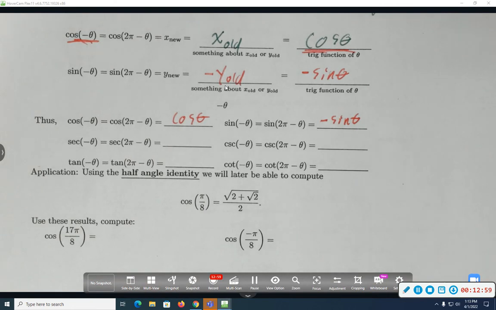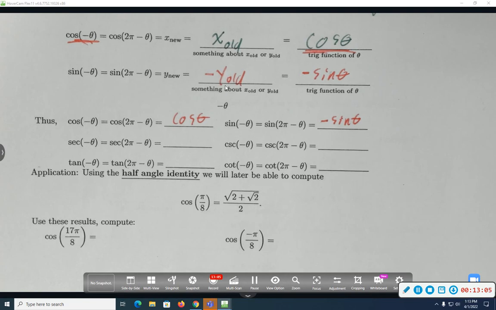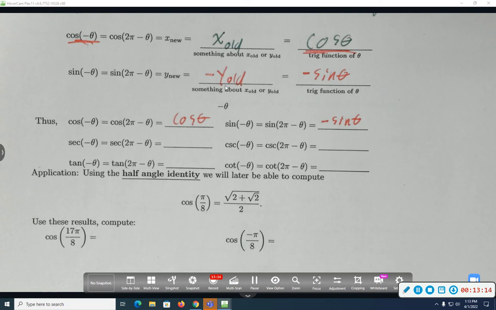But let's use this first to get some unit circle information. 11 pi over 6, that's the same as 2 pi minus pi over 6. That must mean this point is the exact same as that point, but reflected over the x-axis. So what are the coordinates of this point?